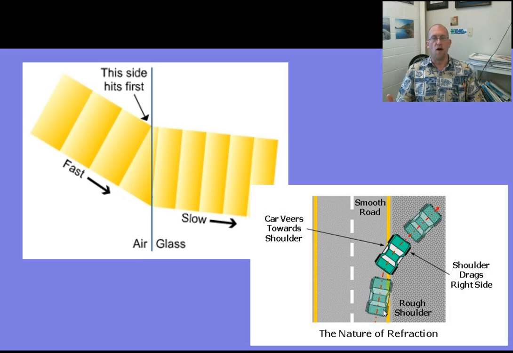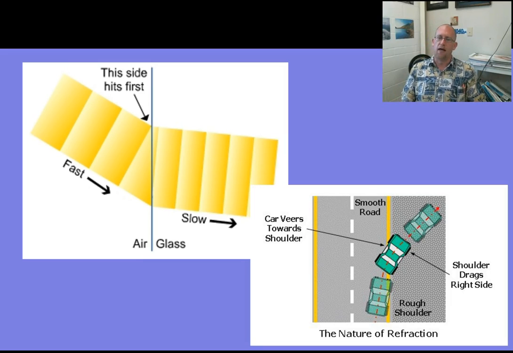They are grabbed by the higher friction of that material. And so those tires slow down, these tires are still going fast, and so the car turns and winds up going into the rough patch.